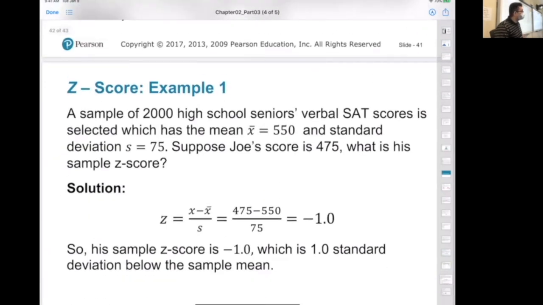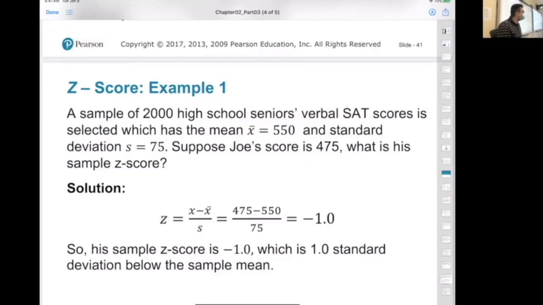A sample of 2,000 high school seniors' verbal SAT scores is selected, which has the mean X bar 550 and the standard deviation S 75. Suppose your score is 475. What is his sample z-score?